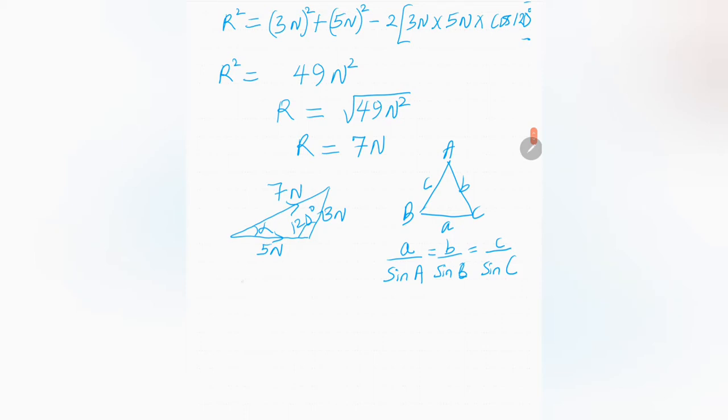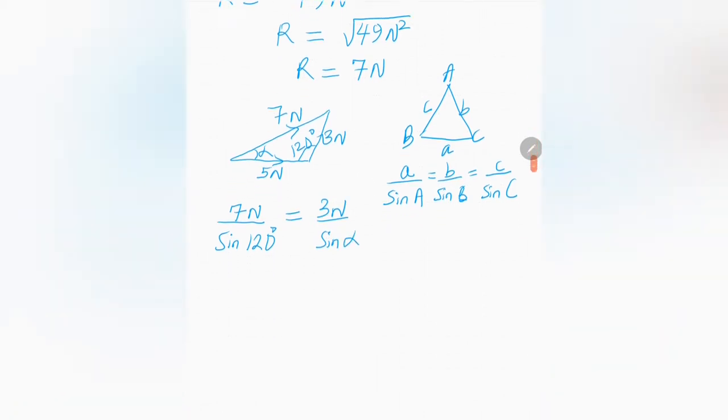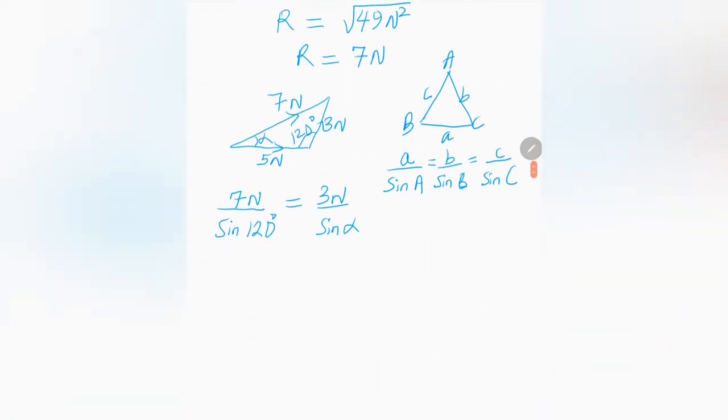I'm going to take 7 Newton, which is a side, over the sine of the angle facing 7 Newton, which is sine 120 degrees, is equal to, I'm looking for alpha, so I'll focus on the one that has to do with alpha, 3 Newton over sine alpha. Then you can make alpha the subject of the formula.